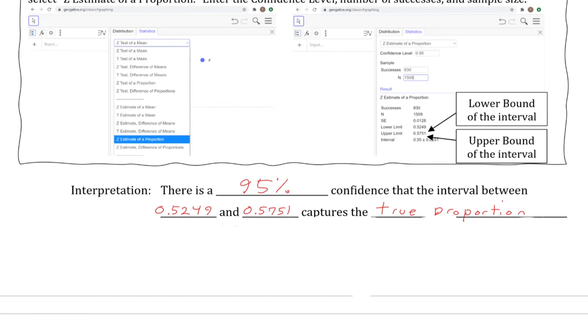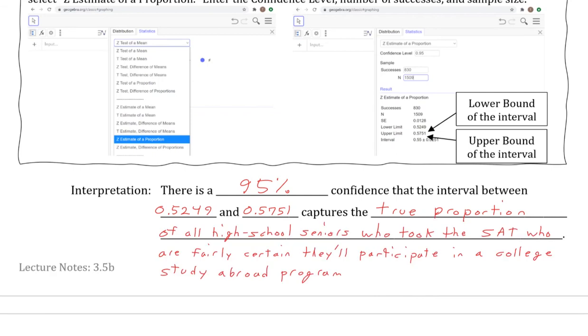This kind of statement should exist in all confidence interval interpretations: 95% confidence, or whatever percent confidence, that your interval captures the true proportion. Specifically in this case, the true proportion of all high school seniors who took the SAT who are fairly certain that they'll participate in a college study abroad program.